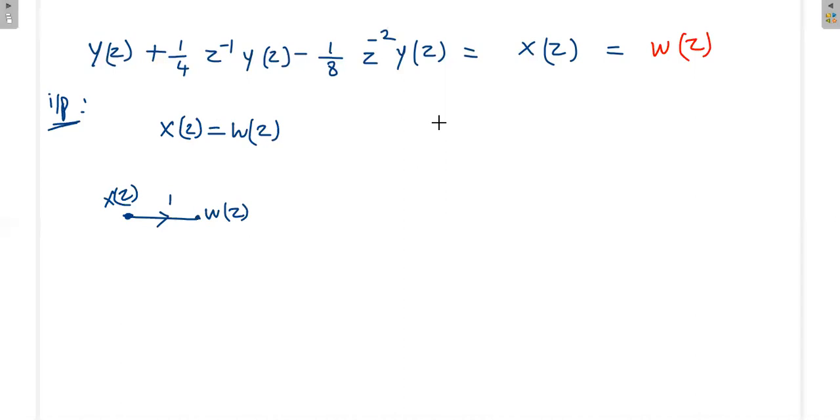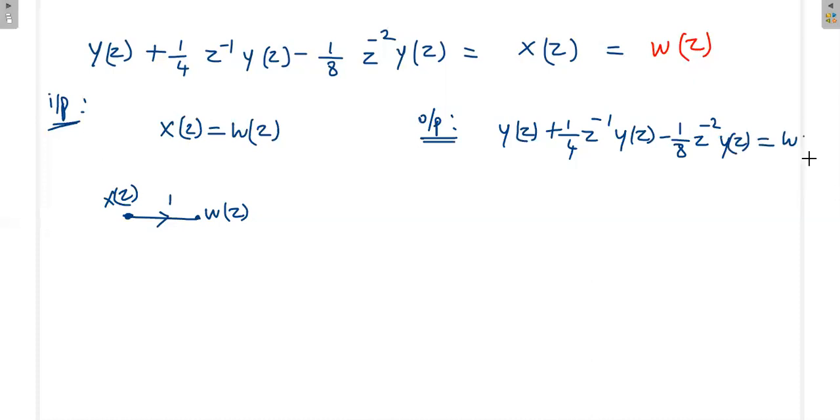Then what about the output side? At the output side, we have to use Y of z terms and also W of z. So that is Y of z plus 1 by 4 z inverse Y of z minus 1 by 8 z power minus 2 Y of z is equal to W of z.